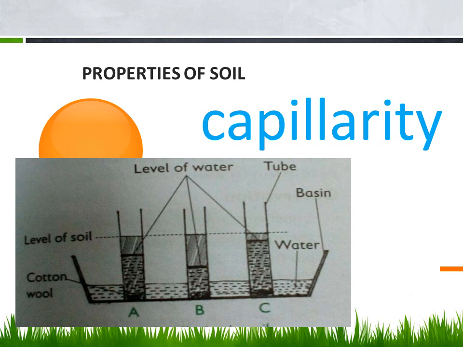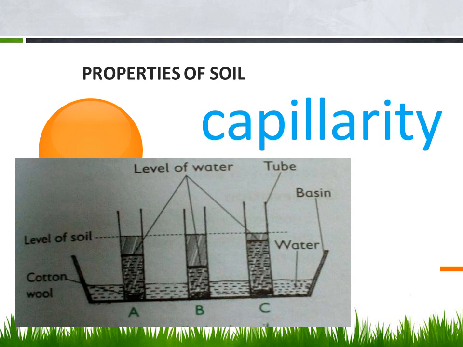Pupils, if you observe keenly, soil C has the highest capillarity because more water has risen up, while soil B has the poorest capillarity. Yes, soil C is clay soil and B is sand soil.